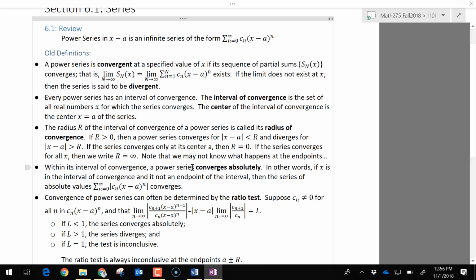Within the interval of convergence, the power series converges absolutely, which means if you take the absolute value of it, it will converge. The other thing that's not defined here that you might remember is that if the absolute value doesn't converge, but the alternating series ends up converging, then it's called conditionally convergent.